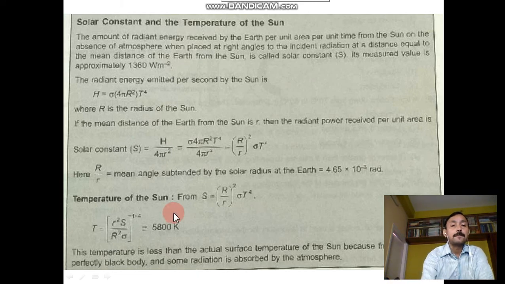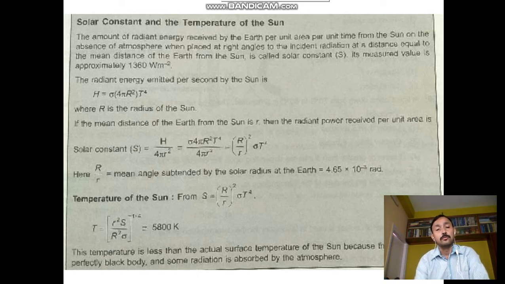Now what is the temperature of the sun? From the equation S is equal to (R by r) whole square sigma T^4, we can get T is equal to (r square by R square into S by sigma) whole to the power 1/4.